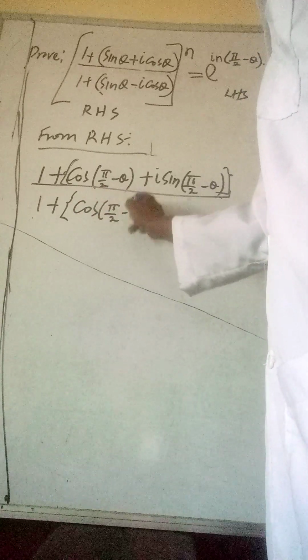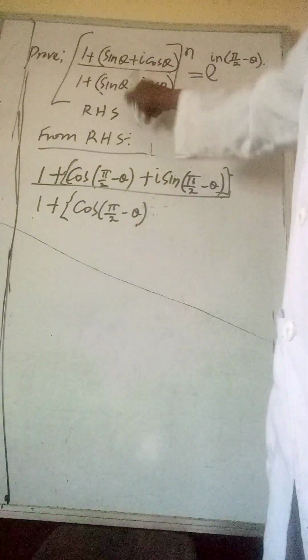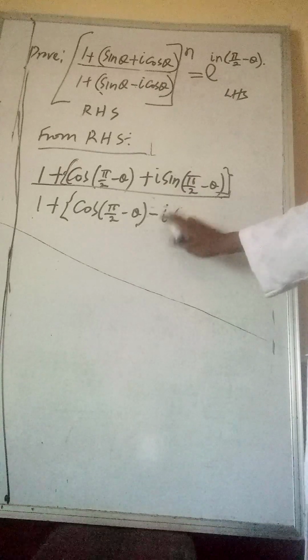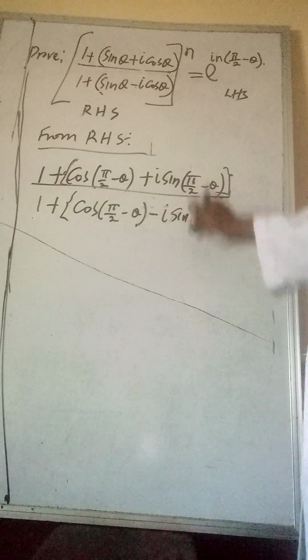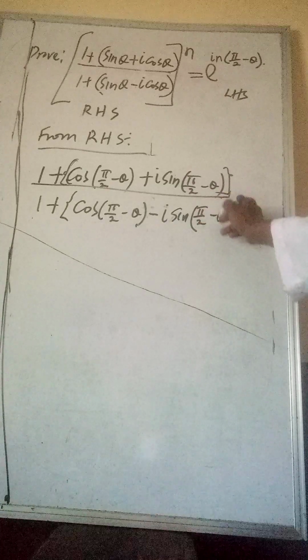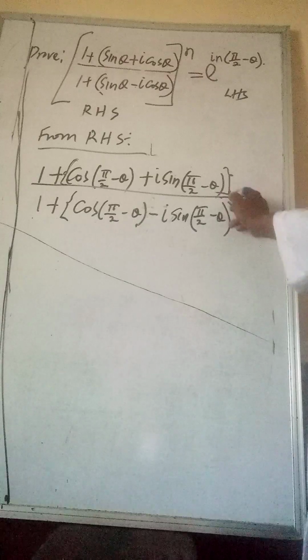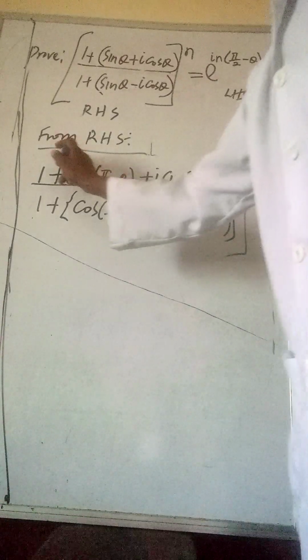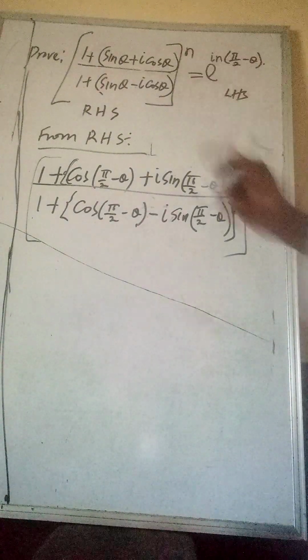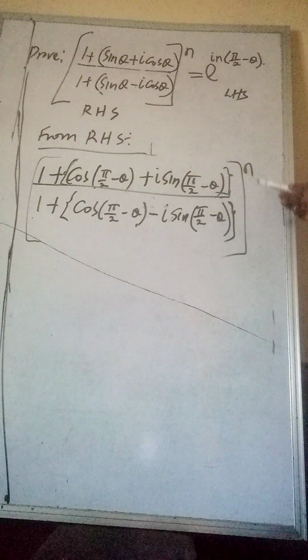Okay, 1 plus, that will be cosine, open bracket, pi over 2 minus theta, minus imaginary, it will now be sine, open bracket, pi over 2 minus theta. Then close the whole thing raised to power what? n, which is this. So this n is this.